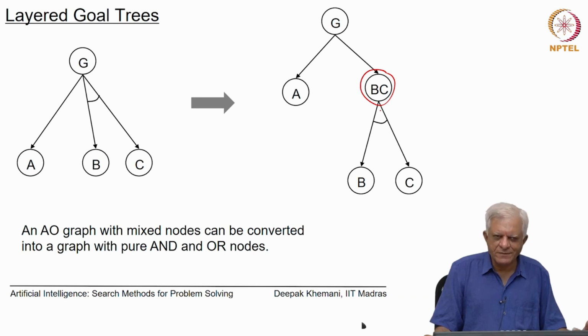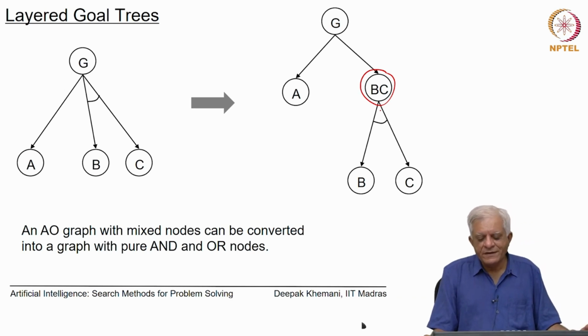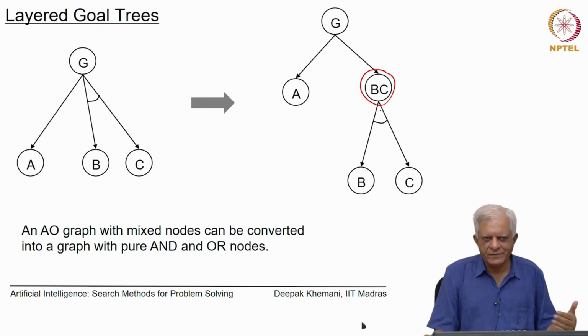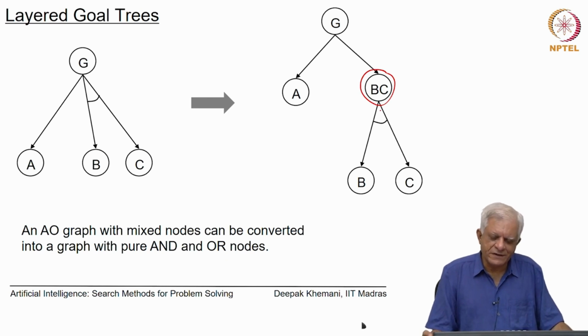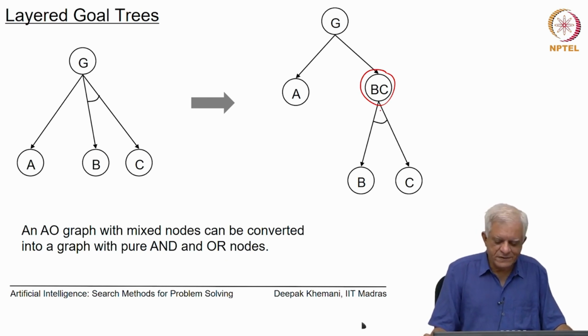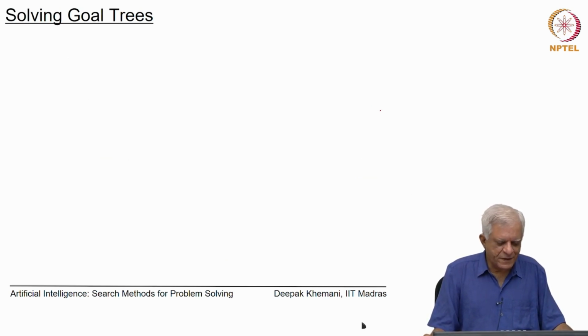So, the min level was a little bit like an AND node, because you have to explore all possible ways of proceeding from there. There are similarities, as I said, but you can always break down a problem of mixed nature into a layered problem where alternate layers are AND nodes and OR nodes.